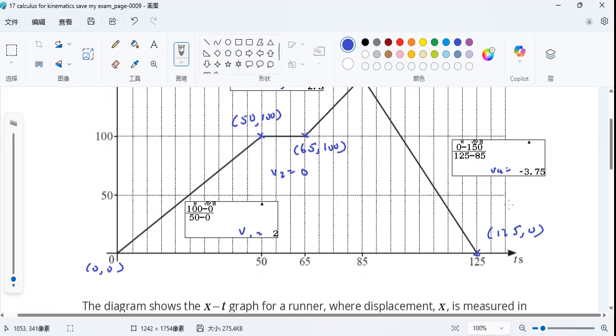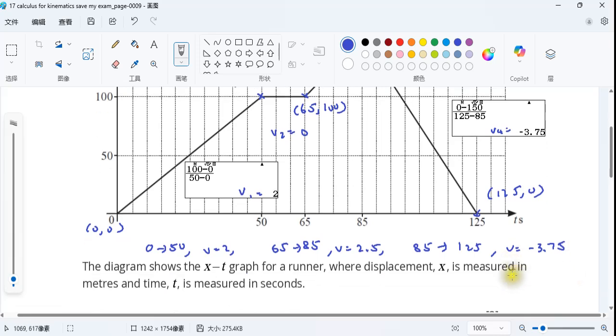So we have 0 until 50, V is 2; 65 until 85, V is 2.5; then 85 until 125, V is negative 3.75. Yes, okay.